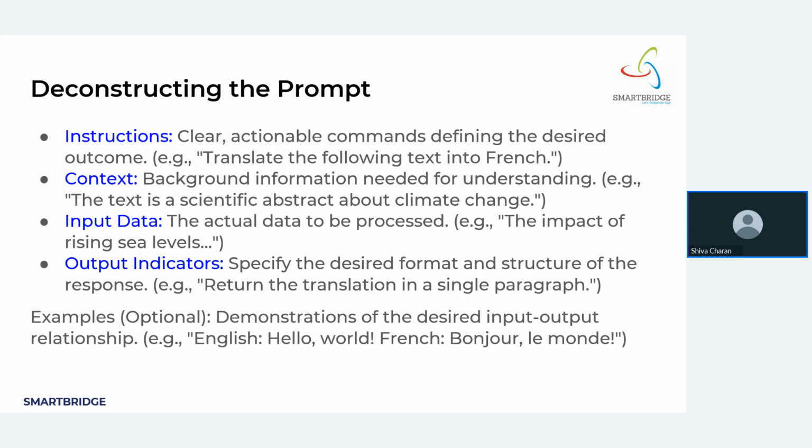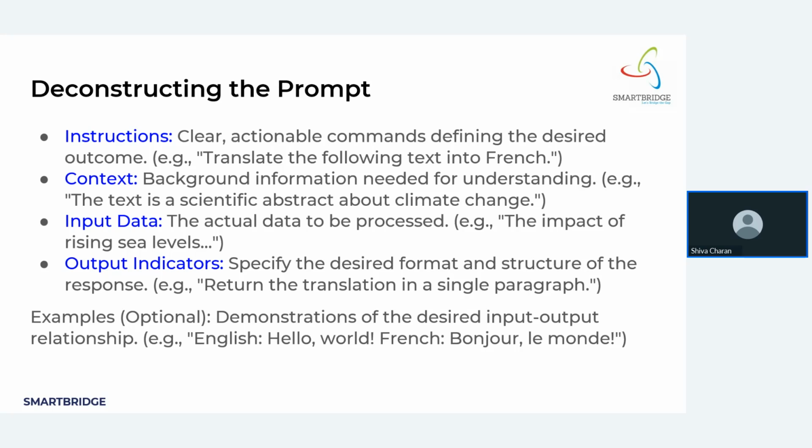And context. Context is nothing but background information needed for understanding. If you see the example, the text is a scientific abstract about climate change. That is the context. Input data means the actual data to be processed, for example, the impact of rising sea levels.